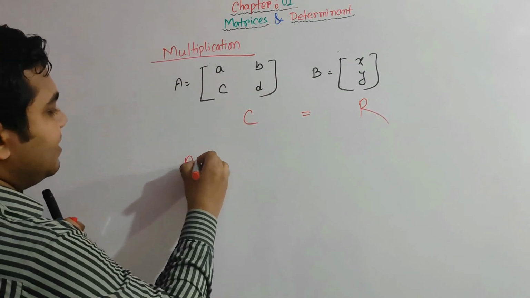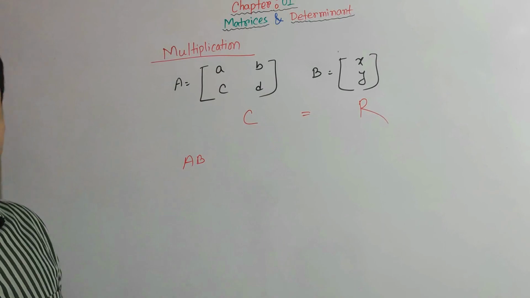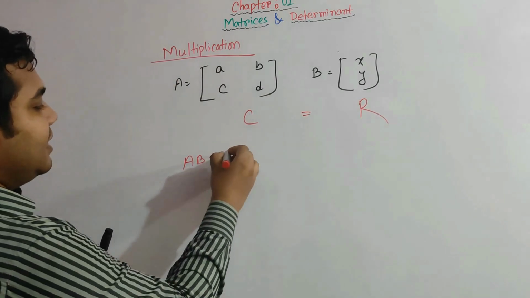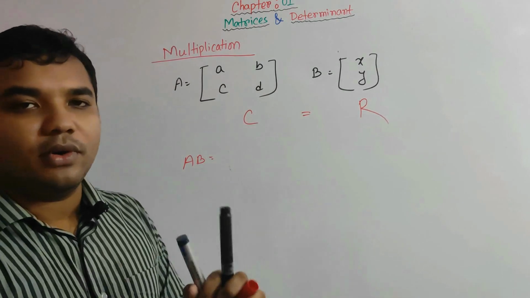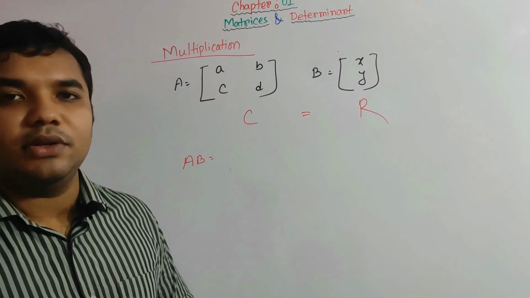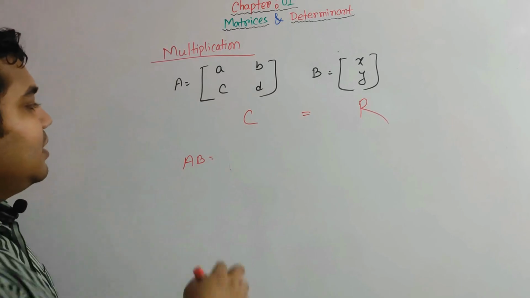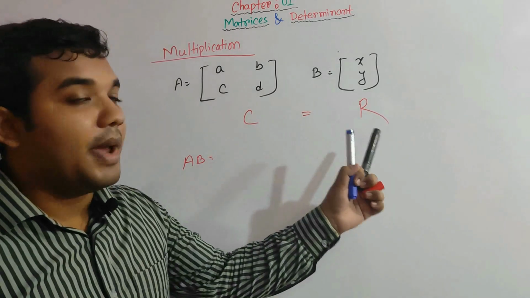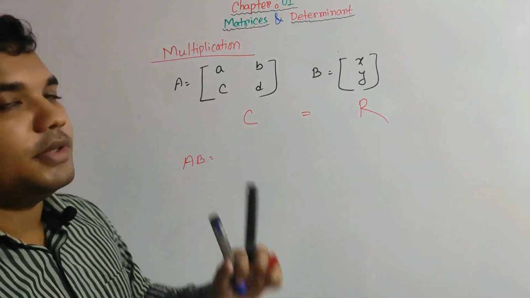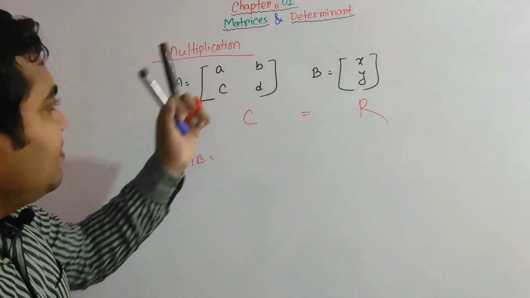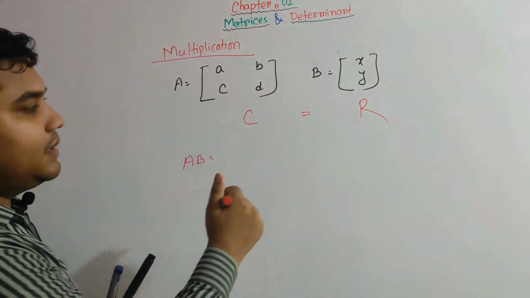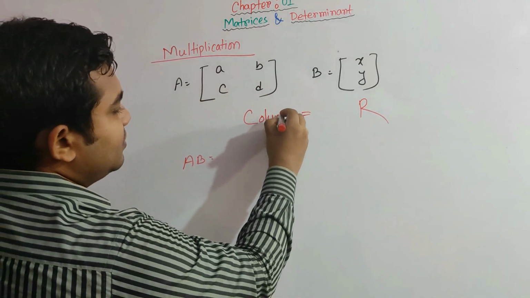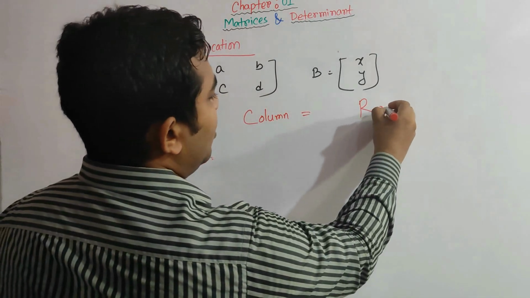Suppose an example: in the objective part we have seen questions like what should AB equal. At that time you just go for multiplication and then you get no answer, because you didn't know what the main fact or main objective of the multiplication is. In the case of multiplication, the columns of the first matrix must equal the rows of the second matrix.